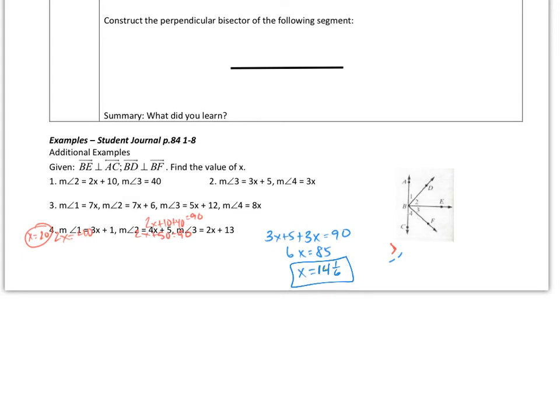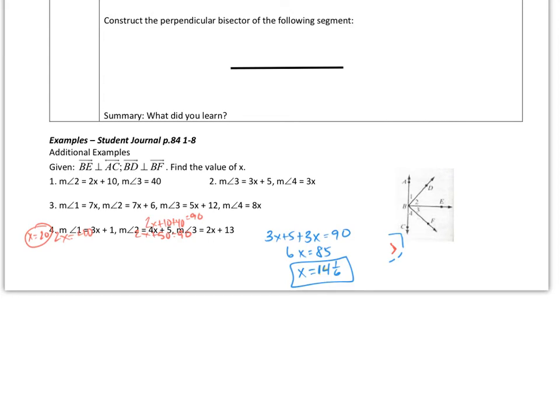Okay, moving on over here to number 3. If the measure of angle 1 is 7x, the measure of angle 2 is 7x plus 6, so 1 and 2 will be a right angle. And the measure of angle 3 is 5x plus 12, and the measure of angle 4 is 8x. To find x, we can just do 1 and 2 over here because we know 1 and 2 will be a right angle.